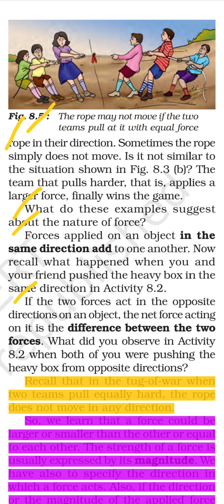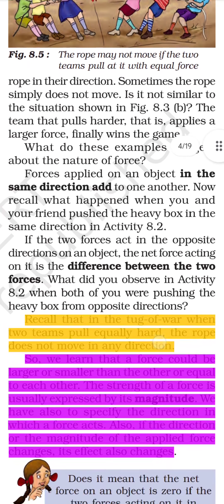What did you observe in Activity 8.2 when both of you were pushing the heavy box from opposite directions? Recall that in the tug of war, when two teams pull equally hard, the rope does not move in any direction. Got it? Next.